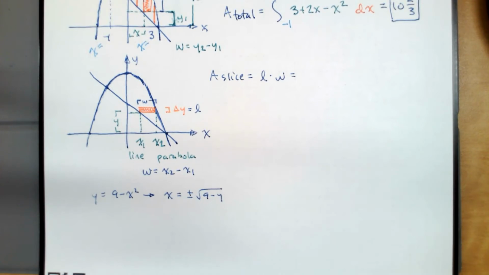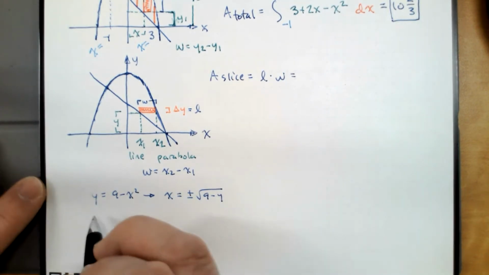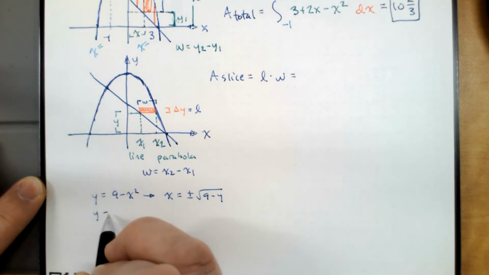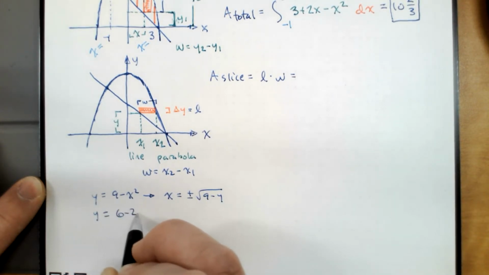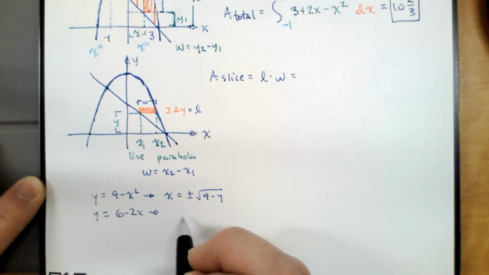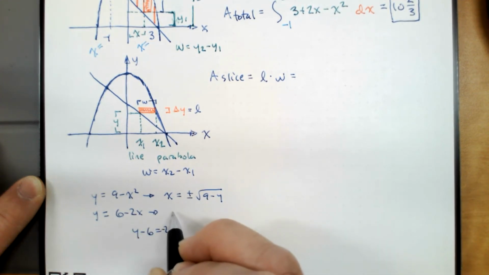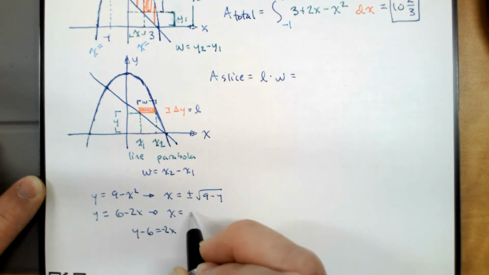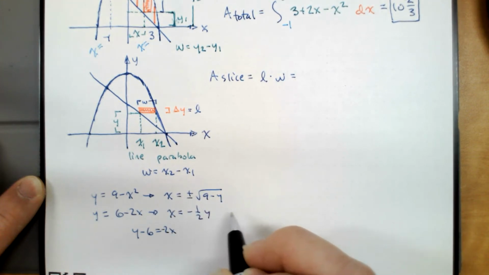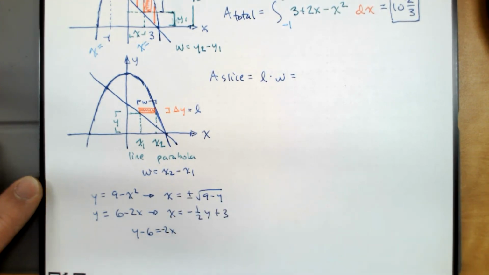And so it looks like the x2, since that's where x is positive, is the plus square root of 9 minus y, minus the line x1. Now, if I just turn this around, y equals 6 minus 2x, so that means that y minus 6 is equal to negative 2x. That means x is negative 1/2 y plus 3.